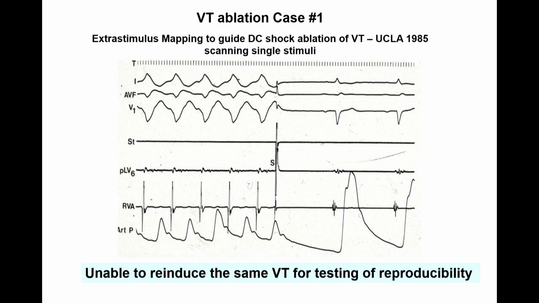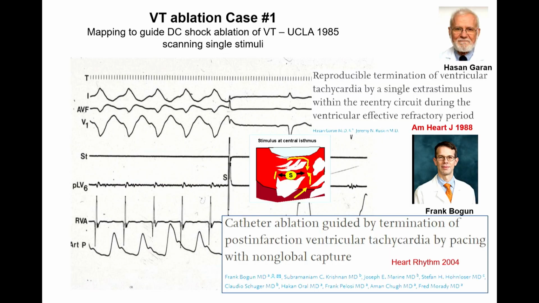We put in scanning single extra stimuli, and we actually saw this. Here is ventricular tachycardia, there's a stimulus, and it terminates tachycardia. So we thought we had found it, but we recognized that anything can happen once in the EP lab. We tried to reproduce it, and when we repeated programmed stimulation, we induced a different tachycardia in this patient. We could never find another site that did this again.